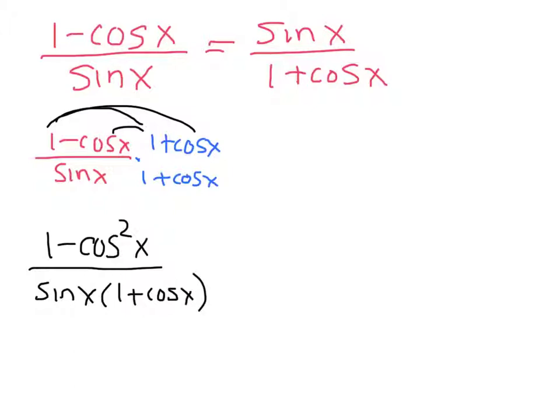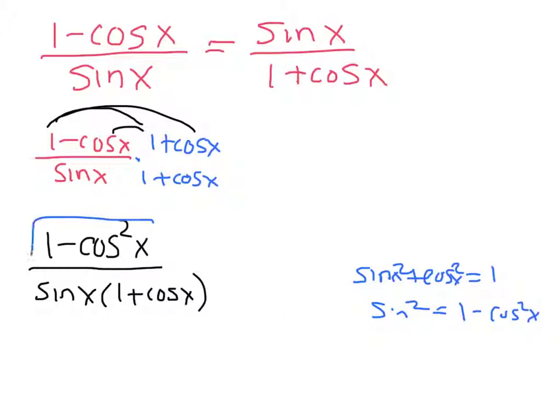So now I'm back to another strategy that helps, strategy number 2, look for expressions to which Pythagorean identities can be applied. Because I know over here that sine squared plus cosine squared equals 1. And so that means that sine squared is 1 minus cosine squared.